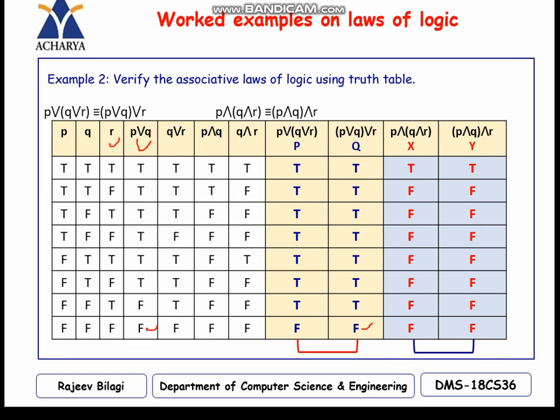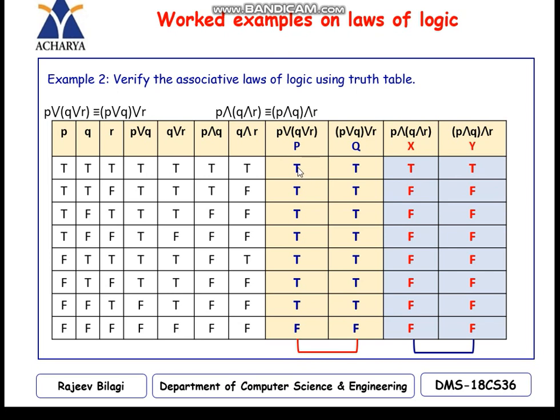Okay. So next, after you find the truth values, another step is to find the biconditional operator of this capital P and capital Q. If you find the biconditional operator, you should get a tautology, then only this compound proposition is logically equivalent.